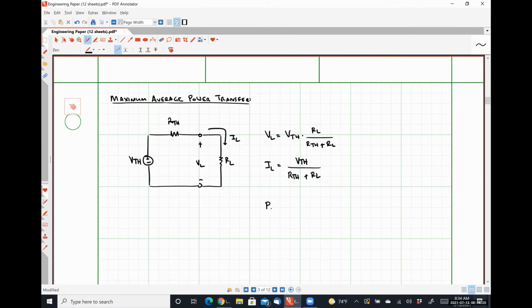The power absorbed by our load resistor is then VL times IL, which is just going to be VTH squared times RL divided by RTH plus RL quantity squared.